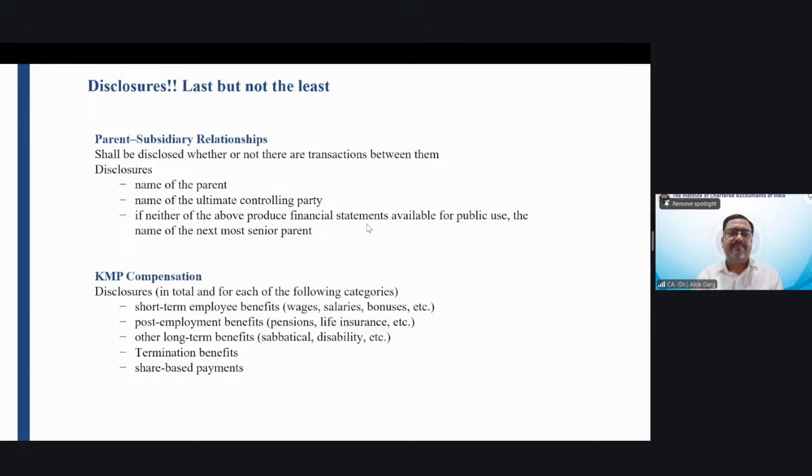What would you say? What's your view? If a company has 500 related parties, whether the related party disclosure has to be made with all the 500 entities. What do you say?